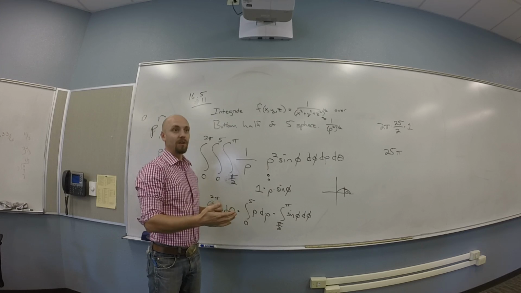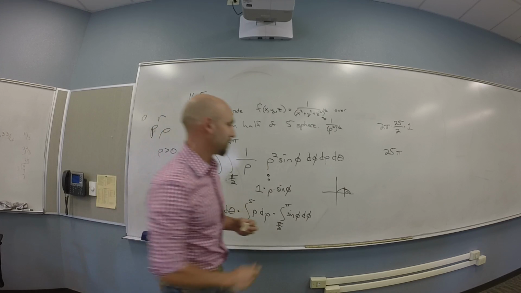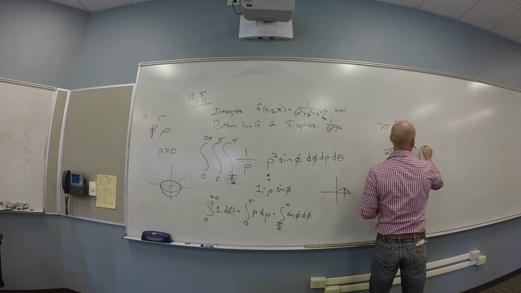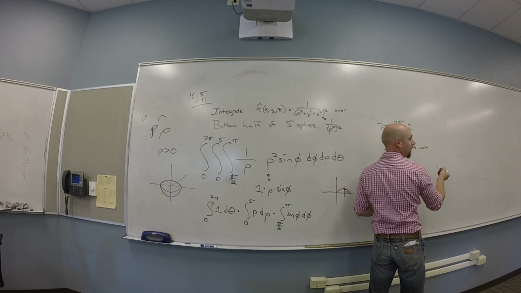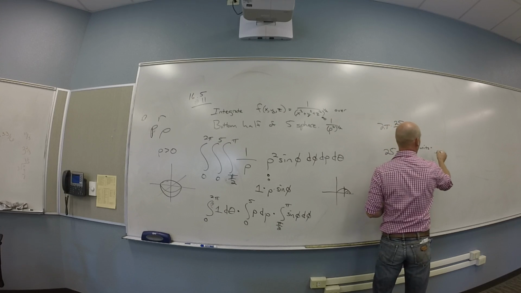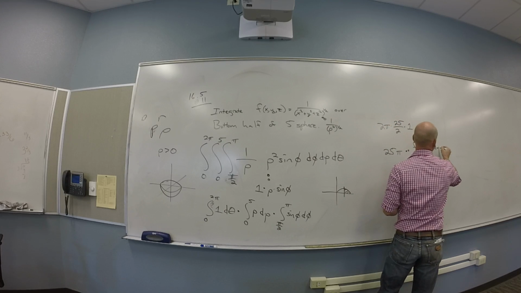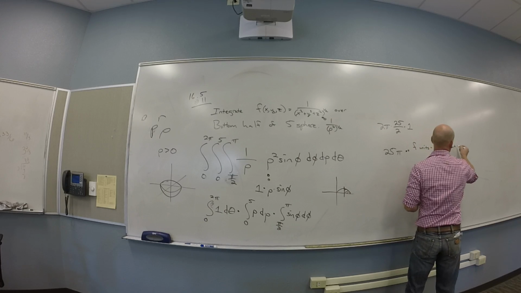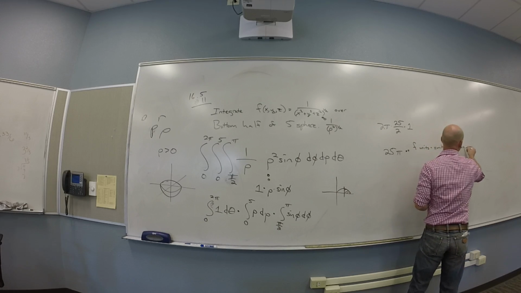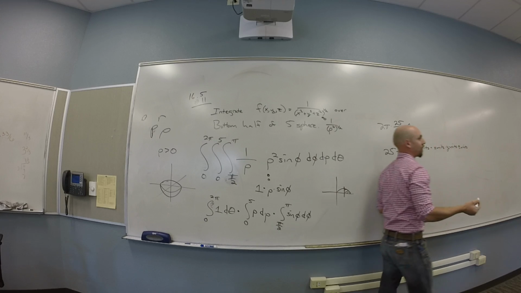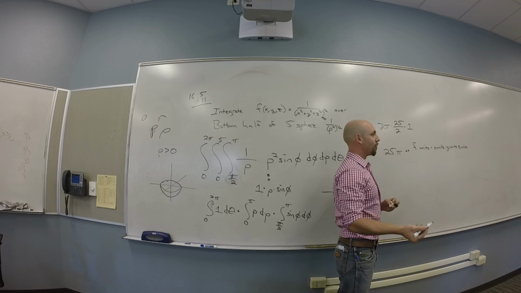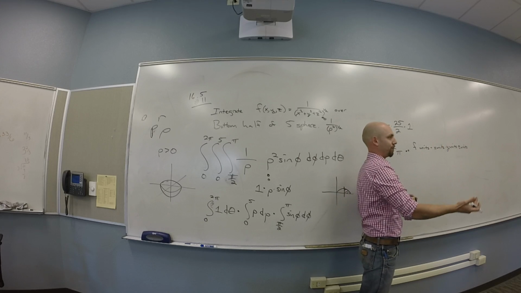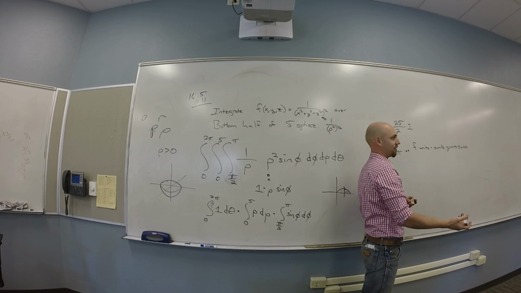You guys see that? So your units on this thing are going to be F units, right? Like whatever F's output units are, times x units, times y units, times z units. And normally the way this makes sense to me is x, y, and z are all some kind of distance, right?